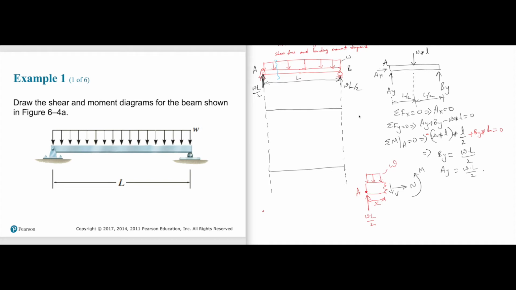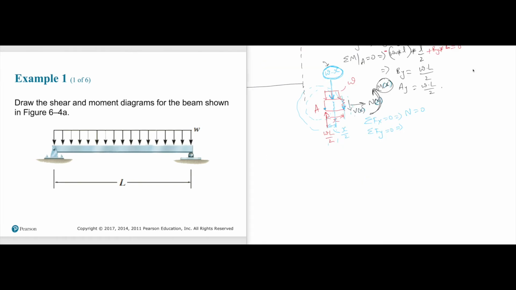Positive representation means when we make a cut on the right side, shear force should go down, moment should be counterclockwise. Then we have to apply sum of the forces in the x equal to 0. Obviously you get N is equal to 0. Sum of all the forces in the y is equal to 0. WL over 2, this one here.